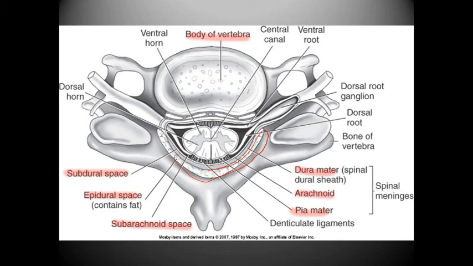Then we have the dura mater, the subarachnoid space, and we have the pia mater, and the arachnoid. Very difficult to discern.